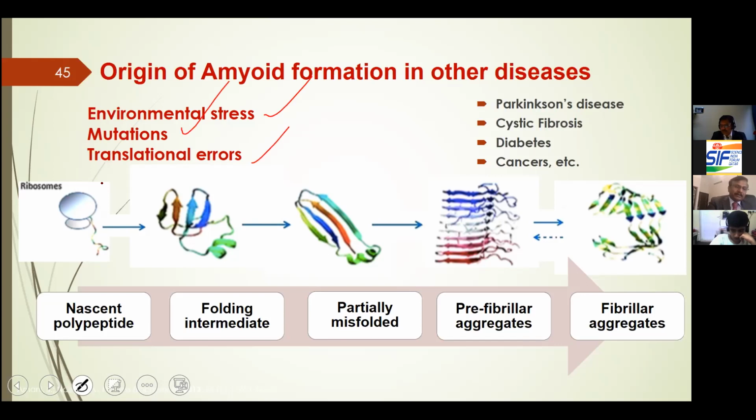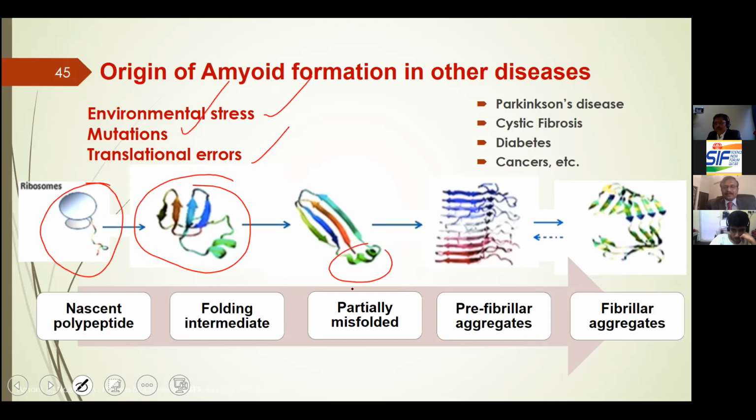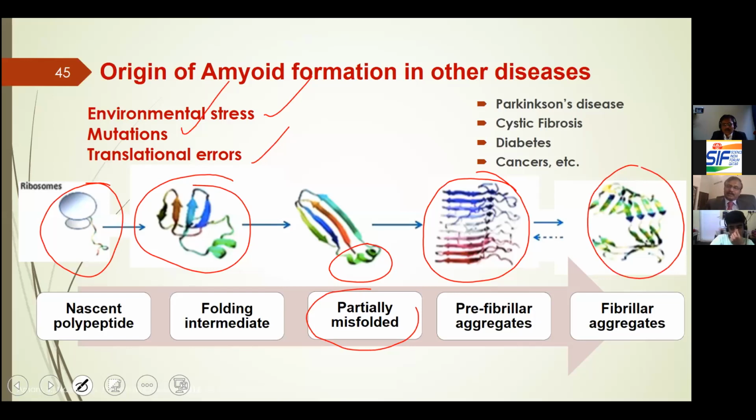Now you have a protein that is produced which forms this intermediate fold which gets partially unfolded, and that partially unfolded one will start polymerizing, and that's what forms these fibrillar aggregates or plaques. So remember, there are many diseases caused by misfolding of proteins.